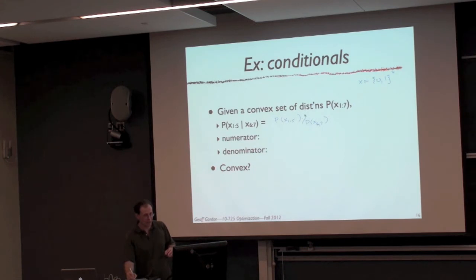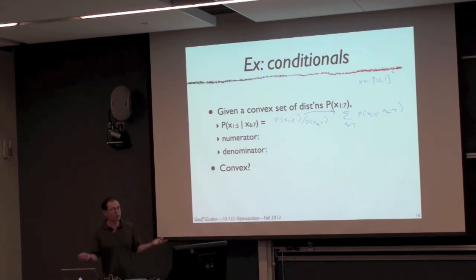And this I can represent as a sum over all possible values of x6 and x7 of the probability of x1 to 5 and x6, 7. So it's a marginal of the probability distribution. So I take the marginal onto the first 5 components, and I divide it by the probability of, oh, you're right.